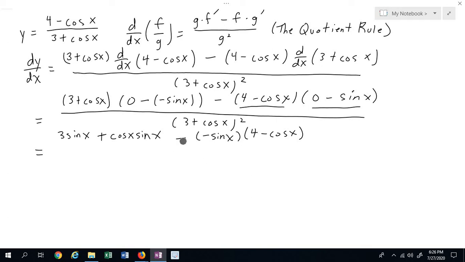The reason I'm doing that is because then you'll have this minus sign times this minus sign, and that's just a plus sign. And that's all over 3 plus cosine of x squared. You have a minus sign here multiplied by this minus sign here, and so that's just a plus.